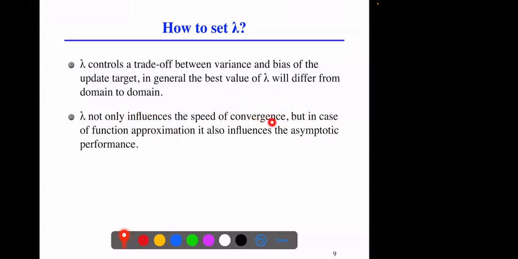But if you're doing function approximation, it can affect the asymptotic performance as well. In the linear case, that's not typically what you see, because mostly things are well behaved. But if you use it for nonlinear function approximation, it could affect the asymptotic performance. In the tabular case, it only affects the speed of convergence.